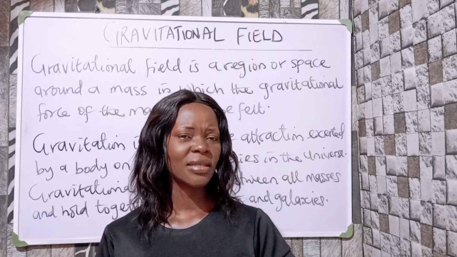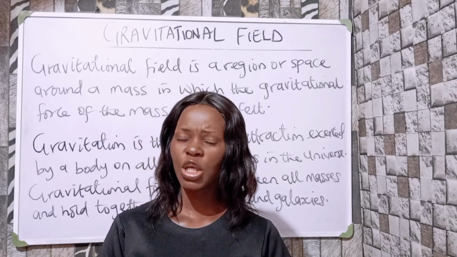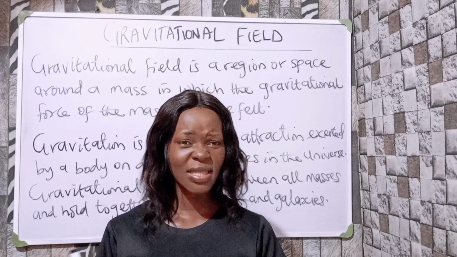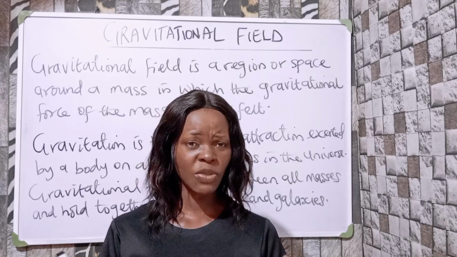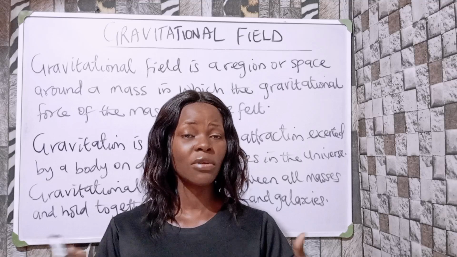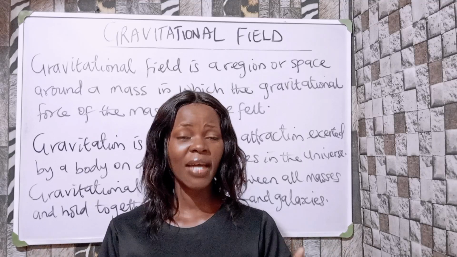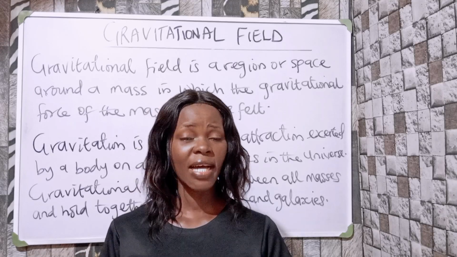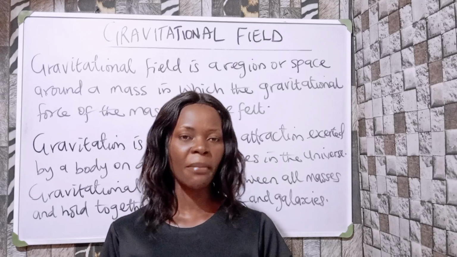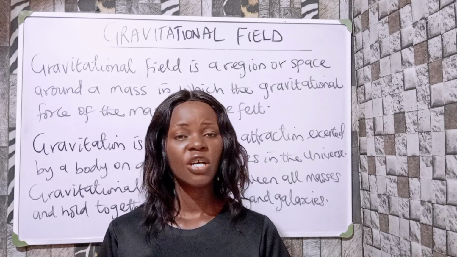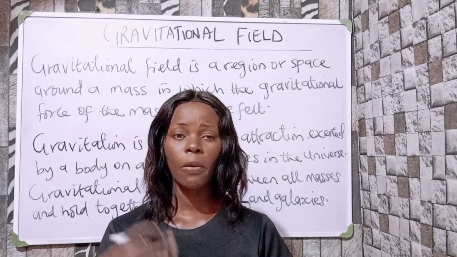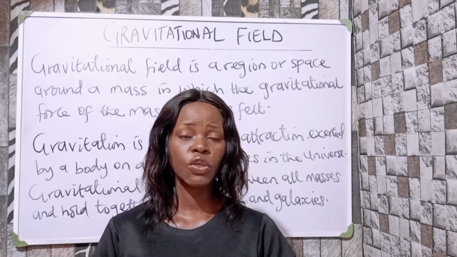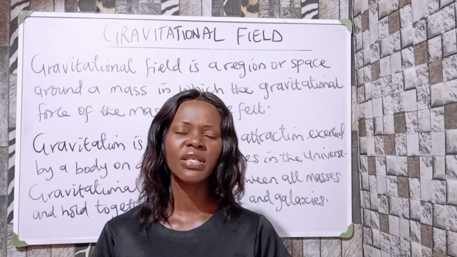So when you look at these bodies in the universe, we have the sun, we have the galaxy, we have the planet. There is actually a force that connects these objects together, because these bodies have different masses, and they are in the universe. There is a force that is proportional to the product of their masses and also inversely proportional to the square of the distance separating them, which was proven by Sir Isaac Newton, and he generated a law which is what we call the law of universal gravitation.